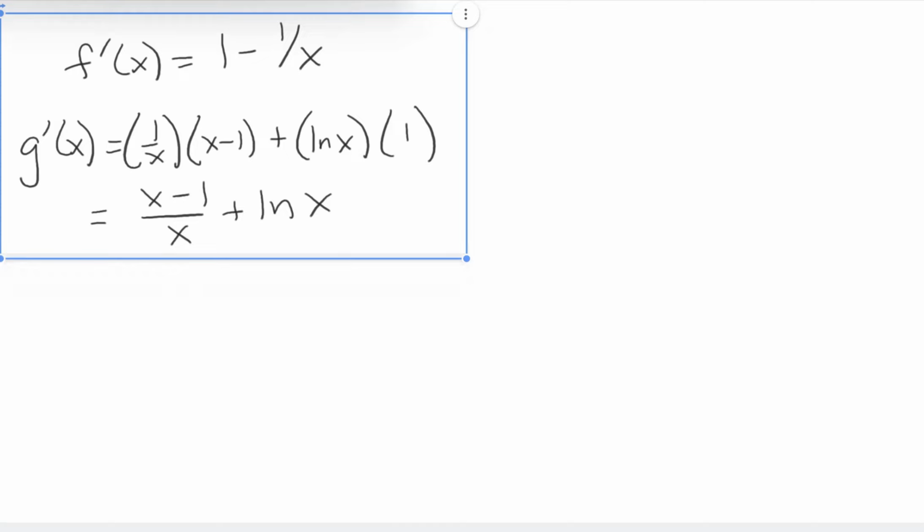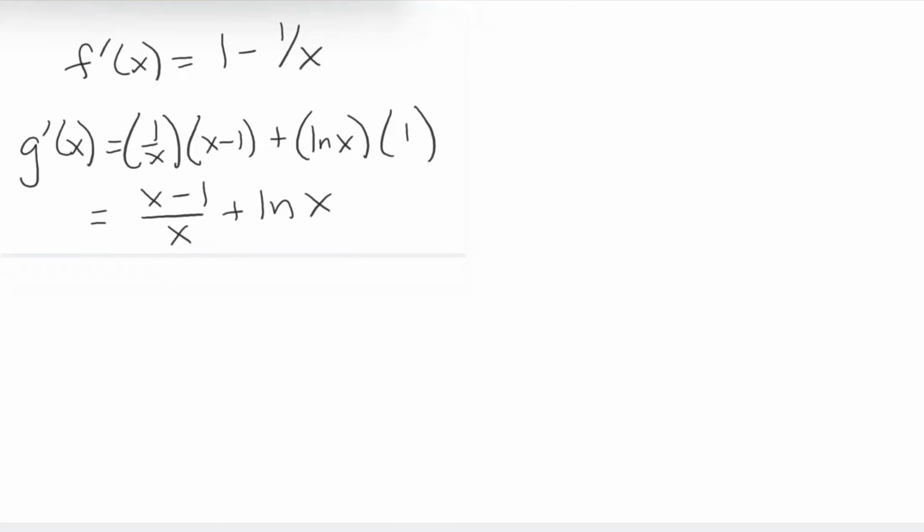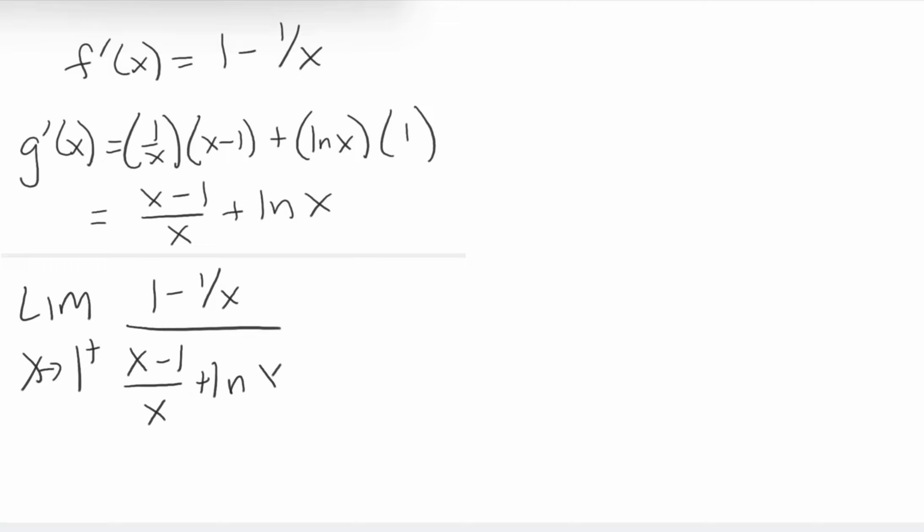All right, so we've got g of x as cleaned up as I can. So if I put my limit here now, this is going to 1, the positive side. I have 1 minus 1 over x over x minus 1 over x plus ln of x.